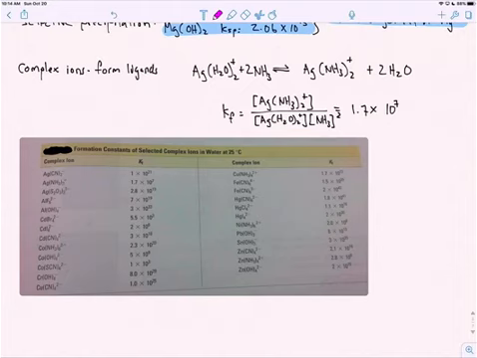Ammonia will preferentially ligand itself to the silver. And if you see this equation here, we have the silver water complex plus two ammonias forms the silver ammonia complex and two waters. And the formation constant, Kf, of this is the products over the reactants raised to their power. Water is a liquid.